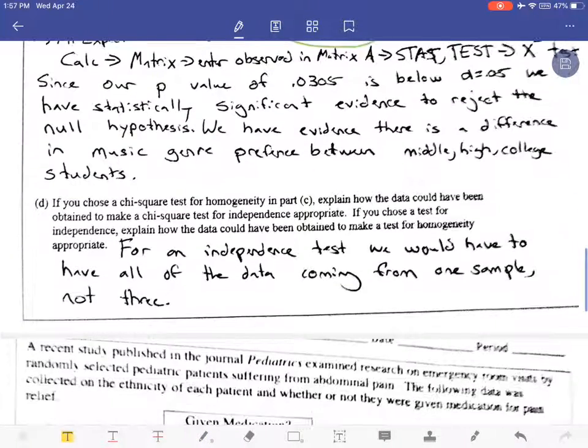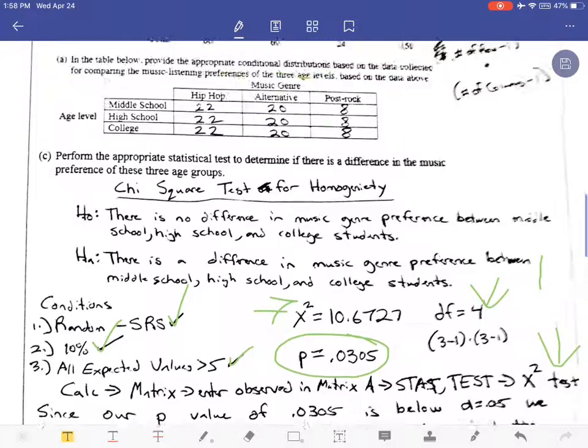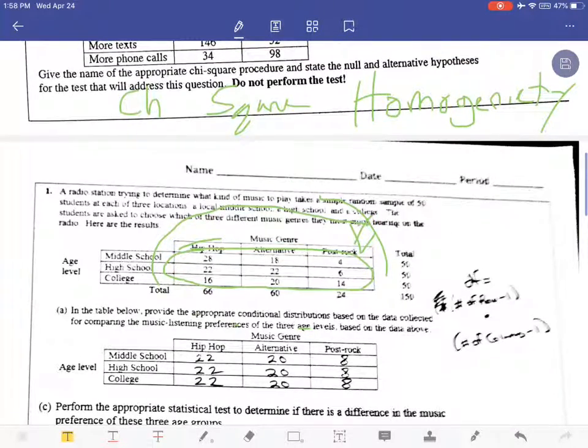And then we had this part D that we're going to look at too. It said if you had a chi-square test for homogeneity, which is what we said it was, explain how the data could have been obtained to make a chi-square test for independence or association appropriate. So what we would have changed in this study to make it a test for independence is we take one sample.